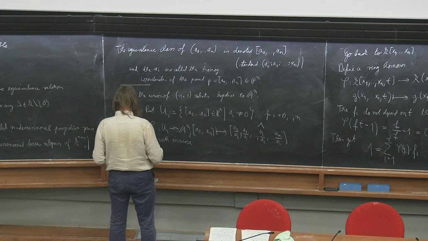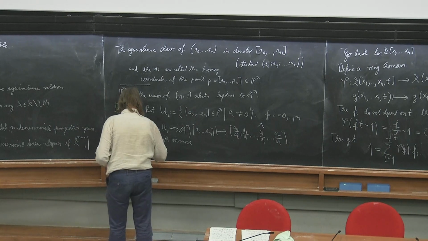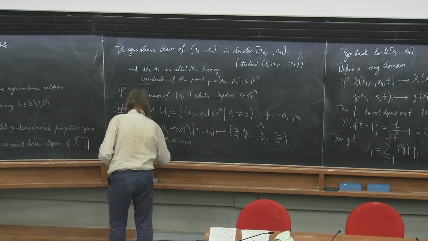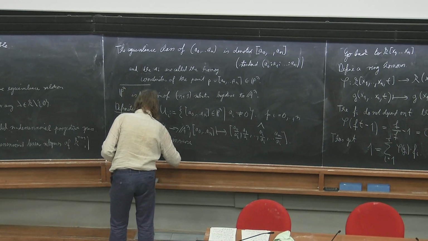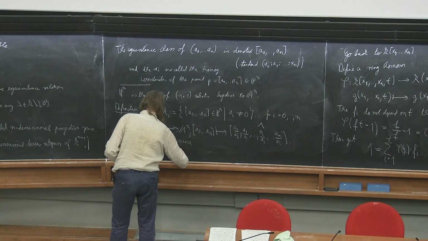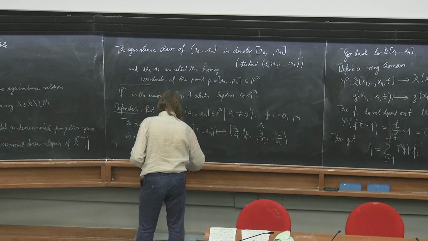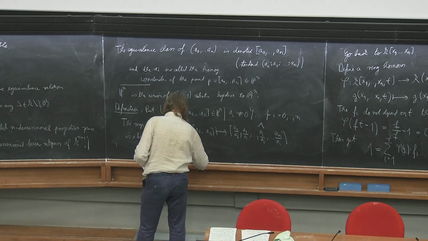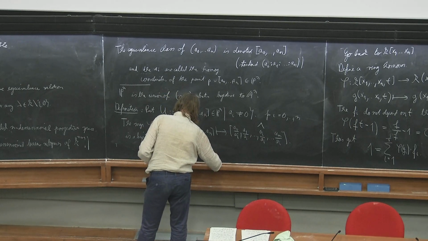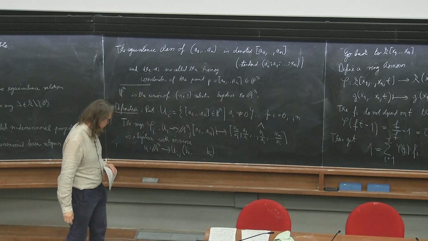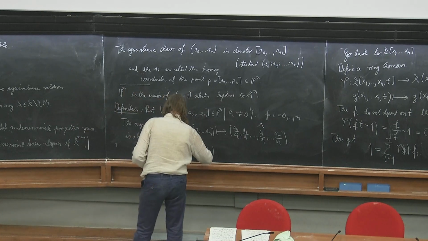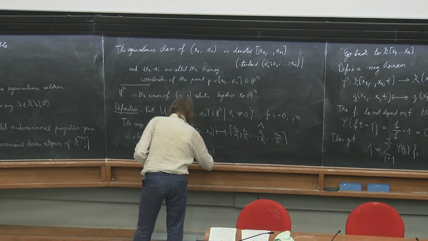So from A^n to Ui, sending a tuple in A^n, which I call B0 to Bn. Well, that wouldn't quite make sense because it's n plus 1, but I somehow just throw away the ith.